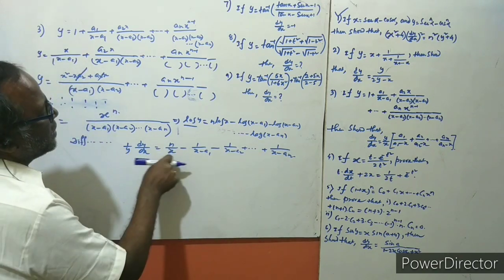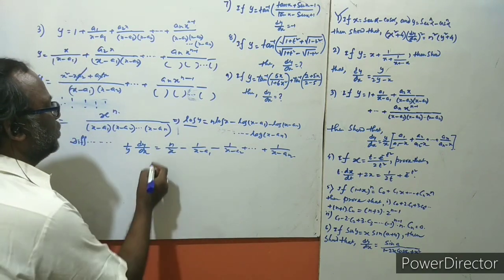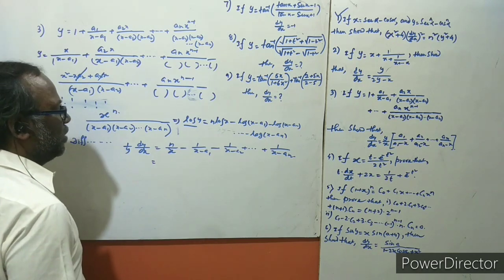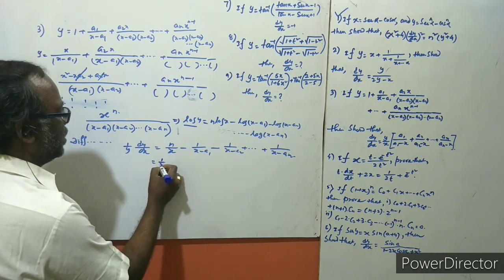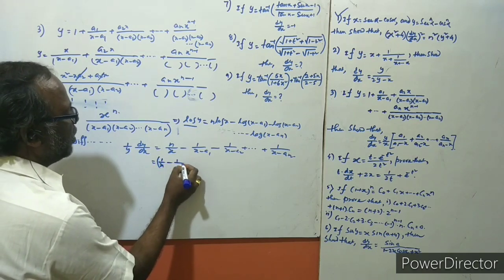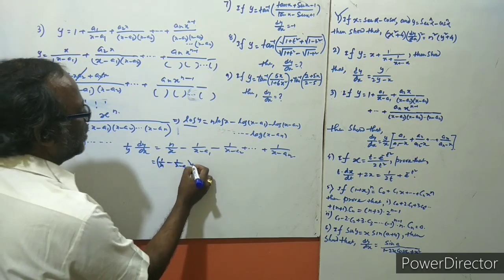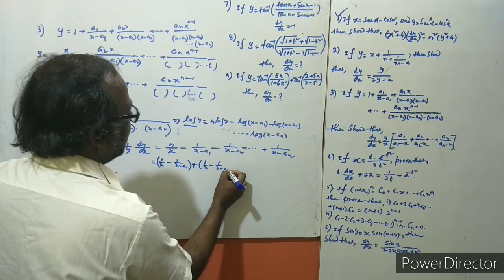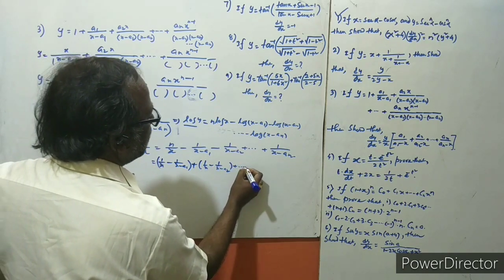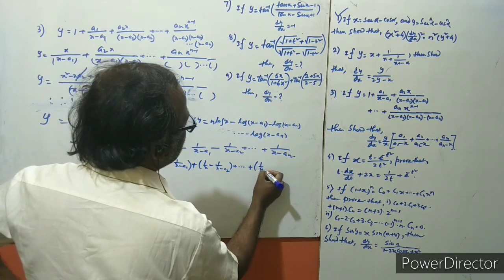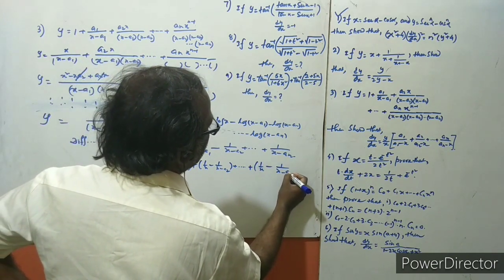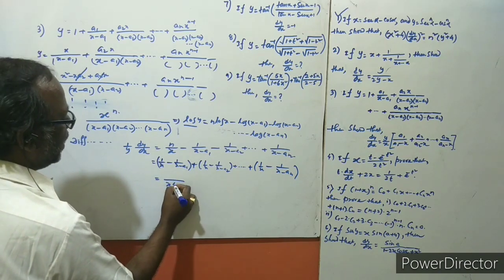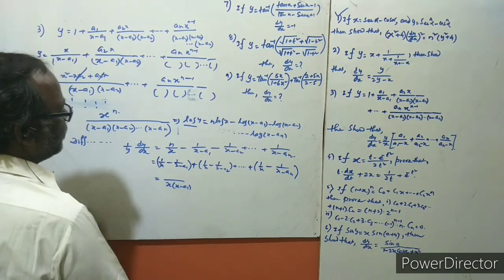And here is n times 1 by x, so each and every term can be written like that: 1 by x minus 1 by x minus a1, same as 1 by x minus 1 by this is a2, so 1 by x minus 1 by this is an. And if we take the LCM, then we get x into x minus a1.